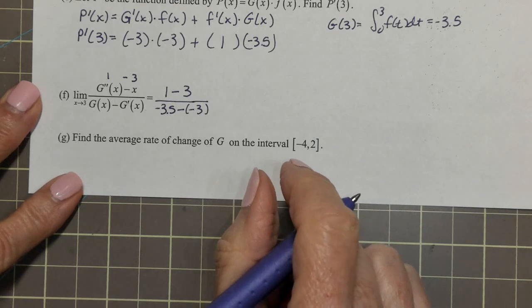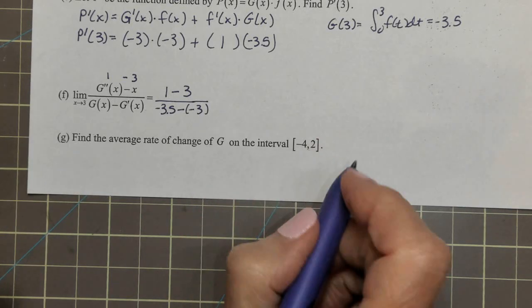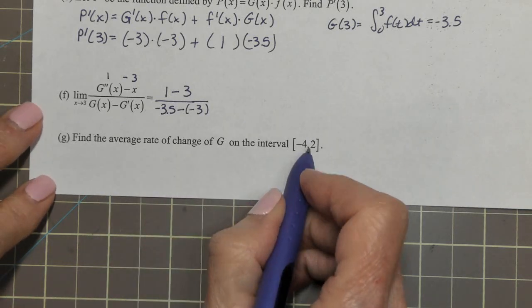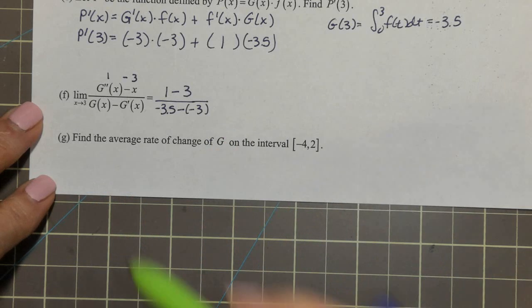Okay, not every limit is L'Hopital's. Part G, find the average rate of change of G on this interval. The average rate of change.